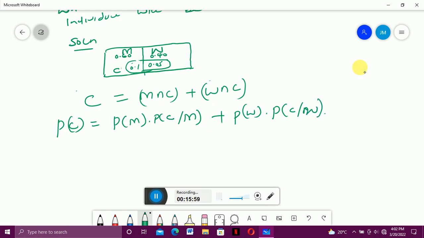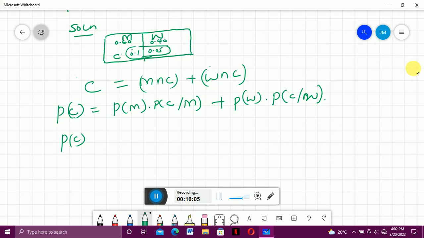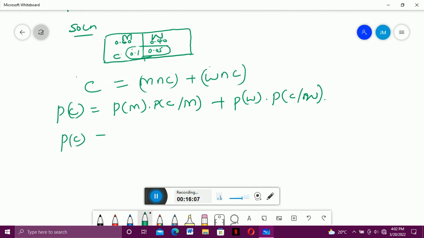So we have these probabilities right here from the diagram. The probability of getting a man in the set is 0.6. The probability of getting a colorblind man is 0.1. Plus, the probability of getting a woman when you randomly select from the group is 0.4, and the probability of getting a colorblind woman is 0.05.